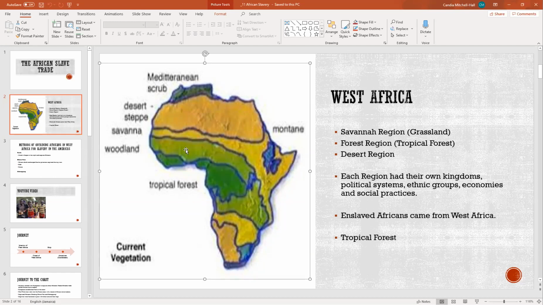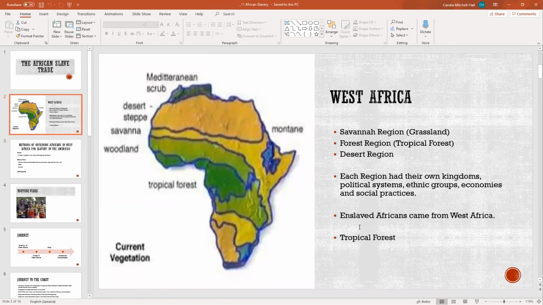Each group had their own governance structure, their own government, their own religion, their own philosophy, and all of these different things. So we know for sure that it is very diverse. Now, the enslaved Africans that came to the West Indies came from this region, West Africa. So most of our ancestors came from West Africa.